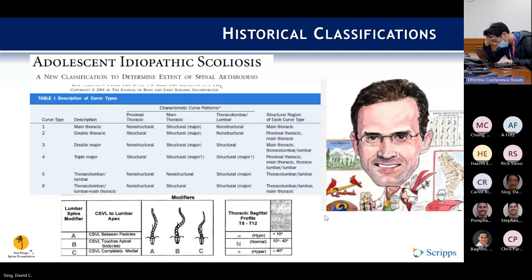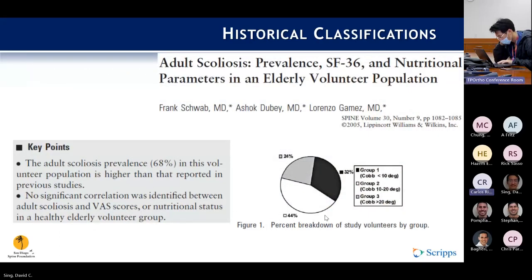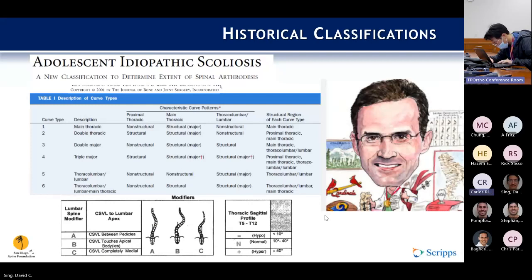So they also added the thoracic sagittal profile and graded it based off of T5 to T12: is it hypokyphotic, hyperkyphotic, or normal? This classification was aiming to help guide treatments, but for some time it was never shown to correlate with pain or dysfunction.